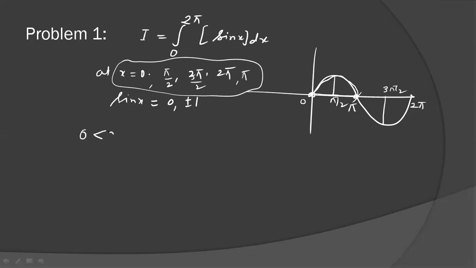When x is between 0 to pi, we cannot use the closed sign at 0 and pi, because at 0 and pi sin x is giving an integer value, and when the greatest integer is given an integer value, it is not continuous, not differentiable. In 0 to pi, sin x is between 0 to 1.